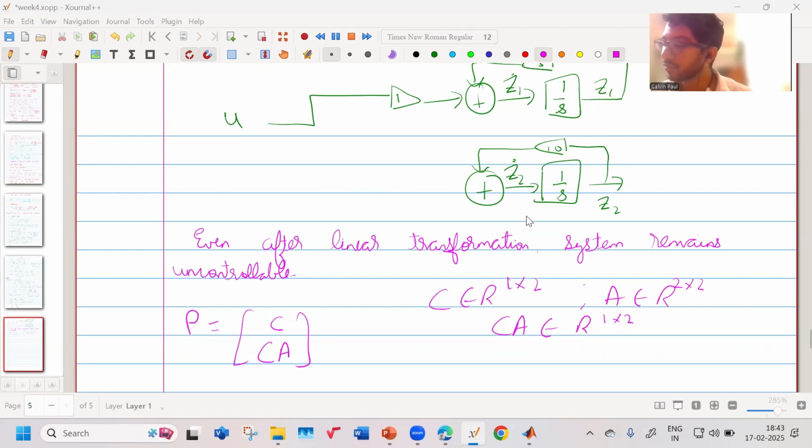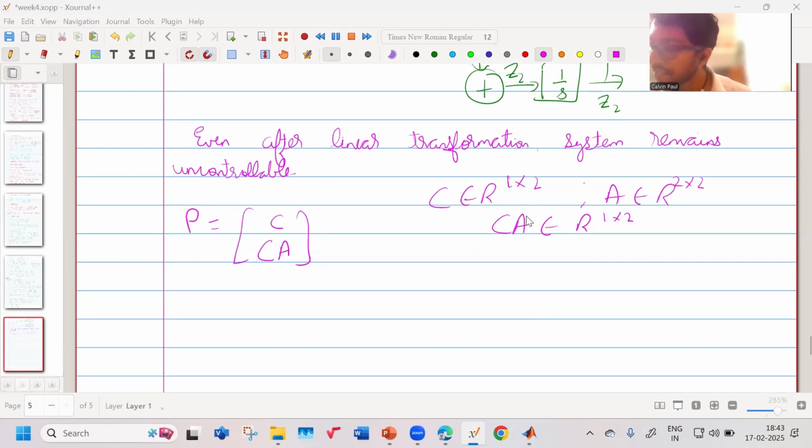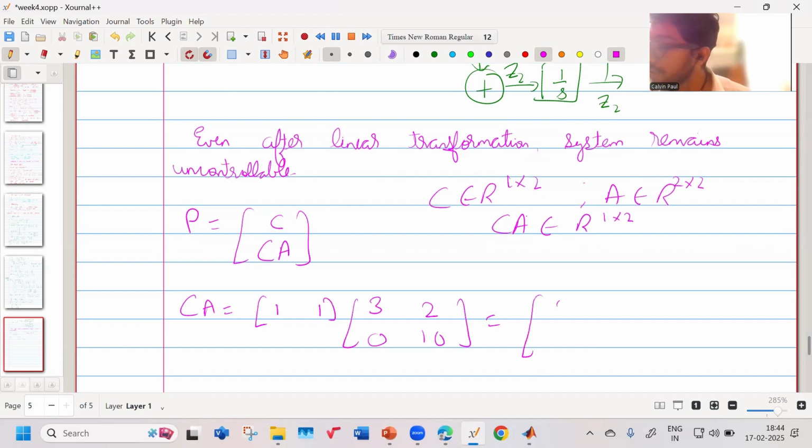Okay. So now C into A, C is 1 1 and A is 3 2 0 10. So C into A gets converted to 3 plus 0, so 3, and 1 into 2 plus 1 into 10, so that is 12.